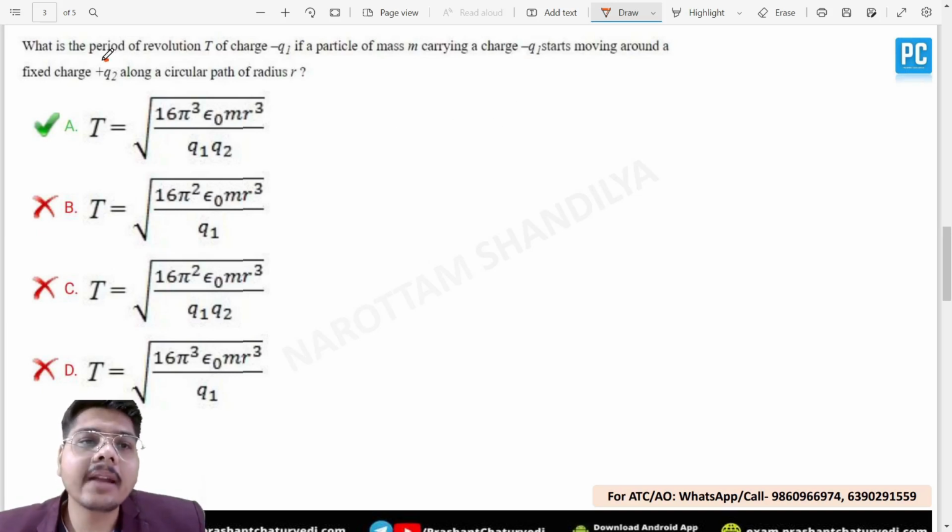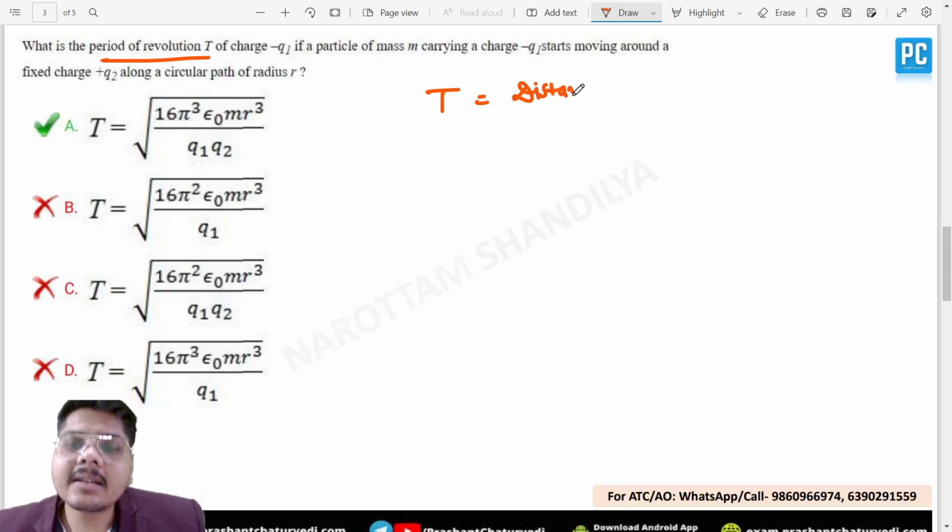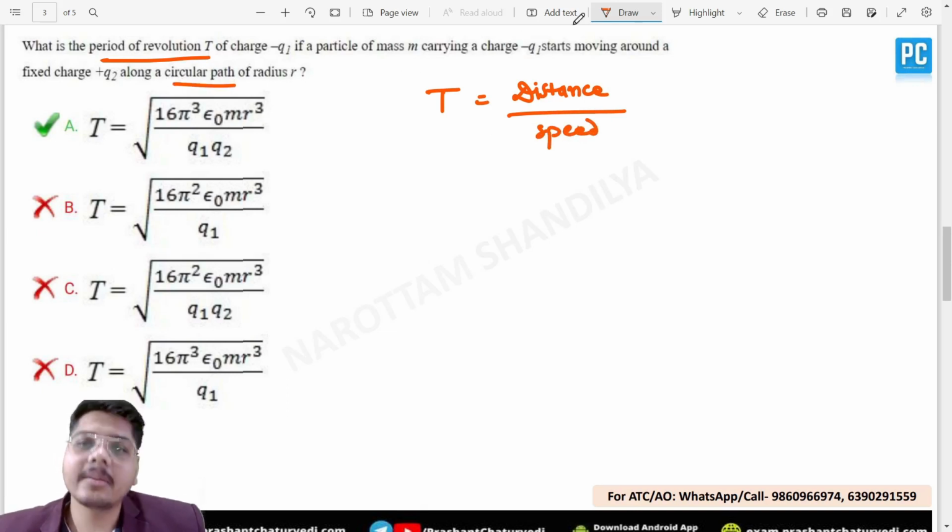Sir, I don't know how to calculate the period of revolution. So time: in aptitude you studied, sir, time is distance upon speed. And what kind of motion is it? Sir, circular motion, because it has a circular path.